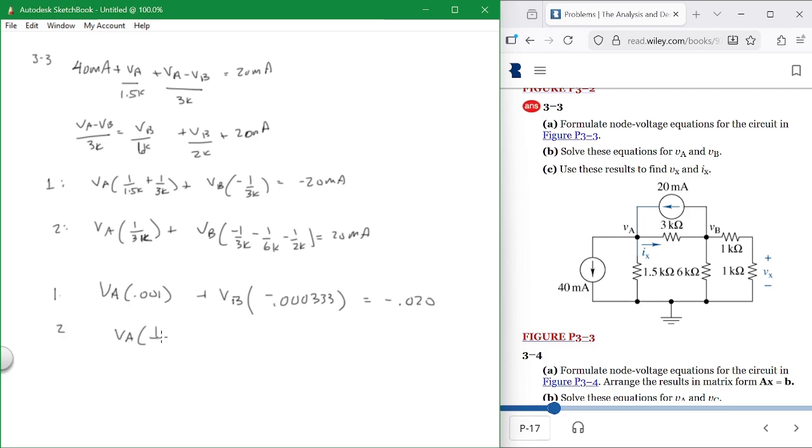VA times 0.000333, and that's that one, plus VB, and now it's 1 over 3,000 plus 1 divided by 6,000 plus 1 divided by 2,000, equals 0.001, is equal to 0.020. So, 1 divided by 3,000.